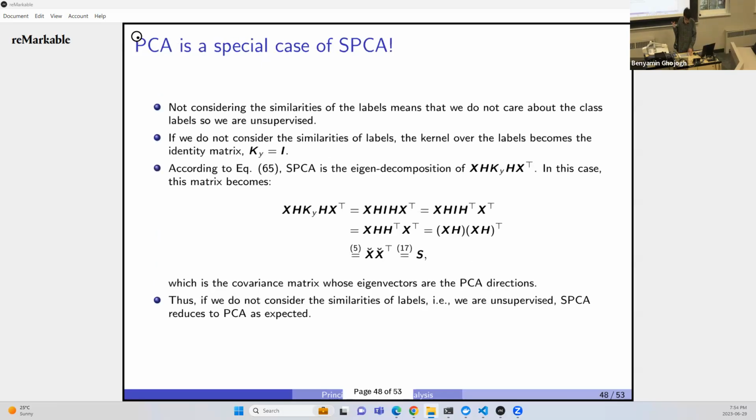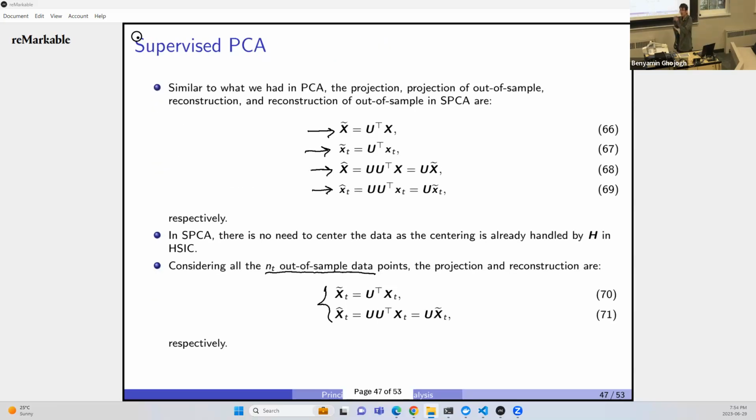However, note that U here is different. In linear dimensionality reduction algorithms, you always use these formulas for projection and reconstruction, but the optimization problem which finds U is different. In PCA it is something, in supervised PCA it is something, in Fisher discriminant analysis it is something. Do you get it?